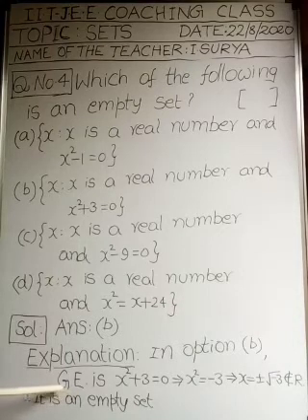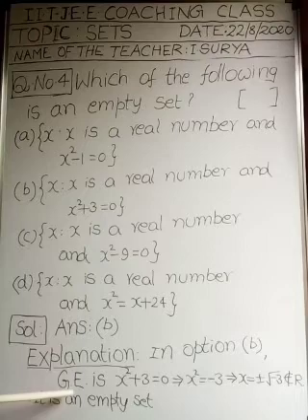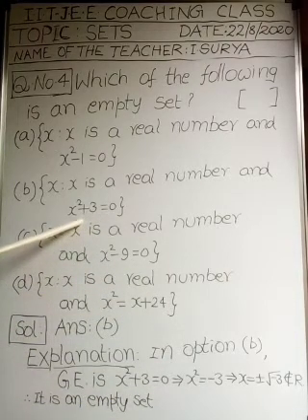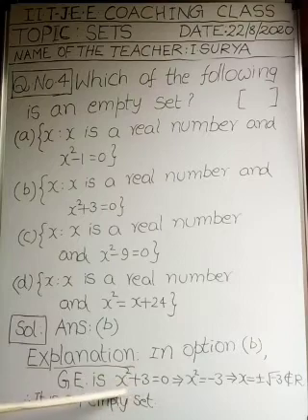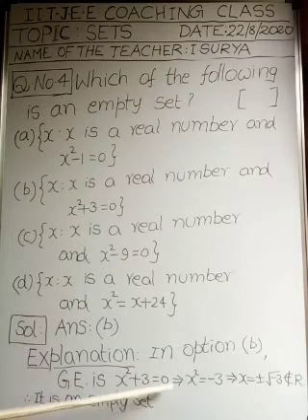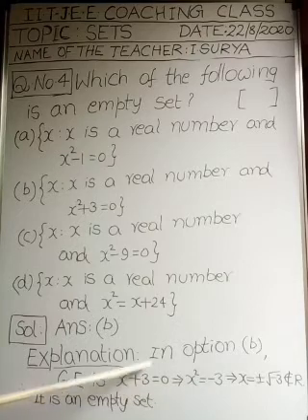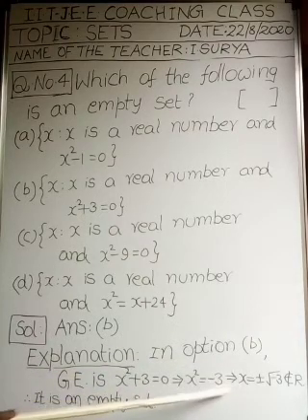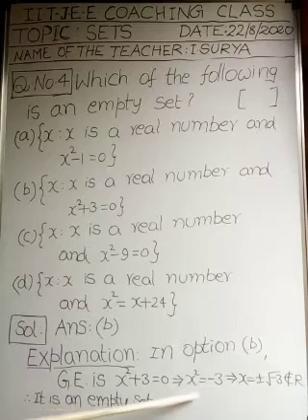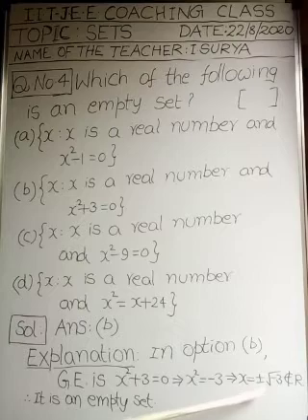Okay, my children, understood this short form? The given equation is x square plus 3 is equal to 0. Now we are solving this equation. This implies x square is equal to, we are sending plus 3 to the RHS, it becomes minus 3. Understood this step? Right. This implies x is equal to plus or minus square root of minus 3.